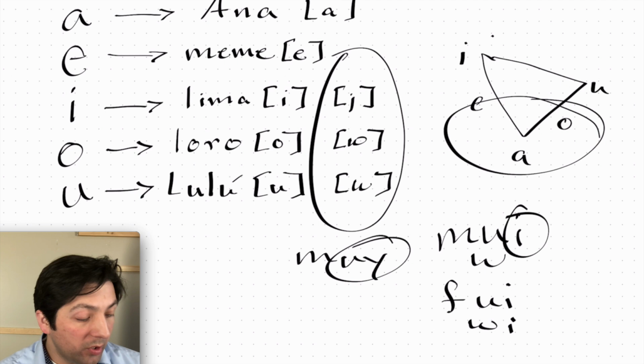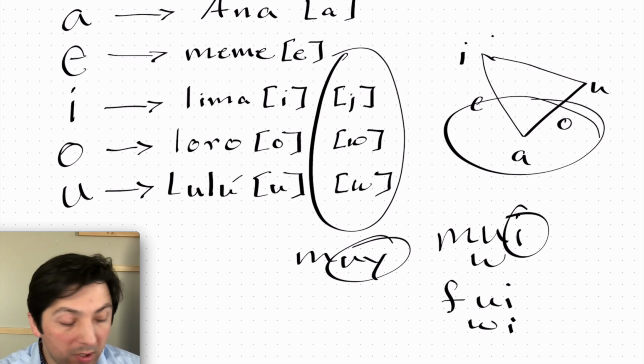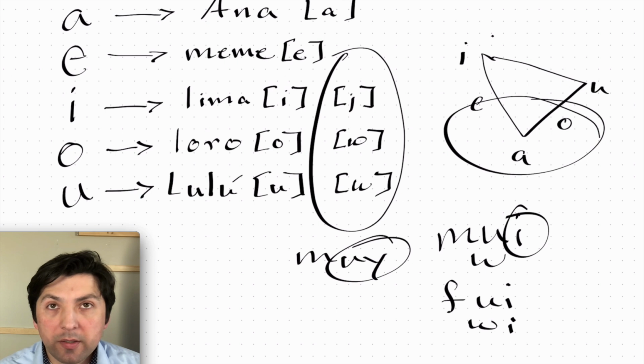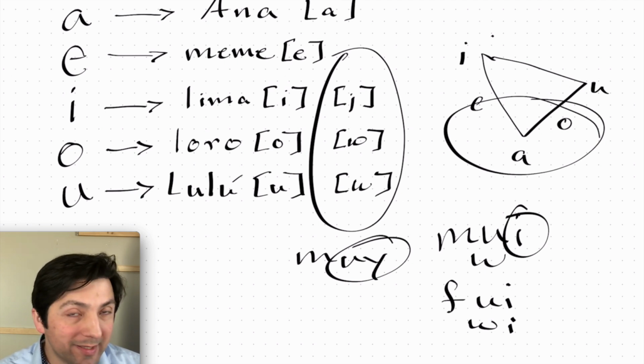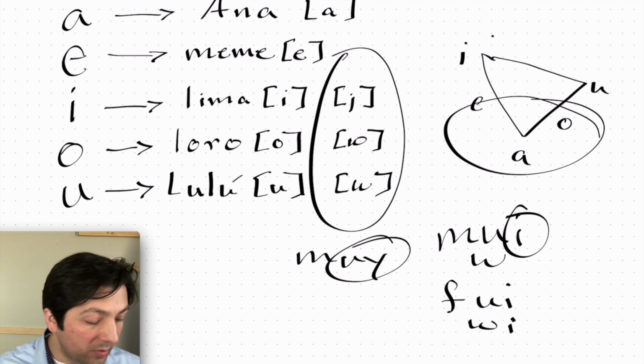So the U will always be the glide next to any other vowel if it does not have a stress mark. If it has a stress mark, it's going to have its natural sound. The I is always going to have its natural sound unless it's not stressed, doesn't have a stress mark, I should say, next to any of these three. All right?